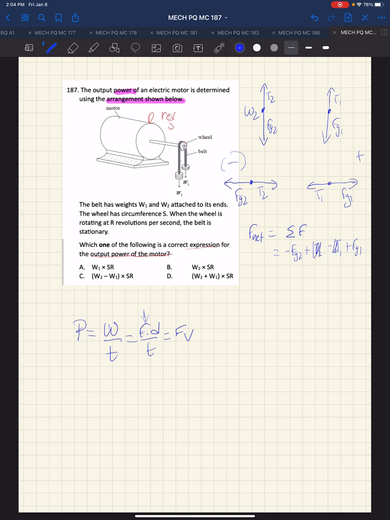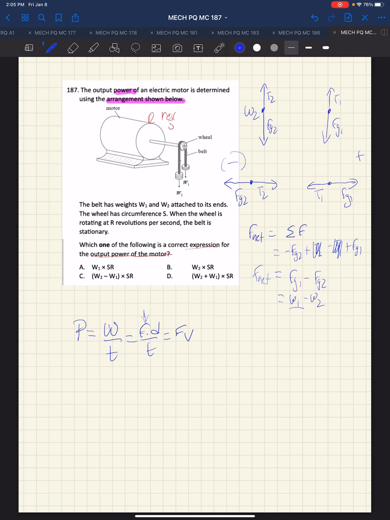So T2 and T1 are equal to each other, and so they drop out. Rearranging this conveniently, we have Fg1 minus Fg2, and that is our net force.